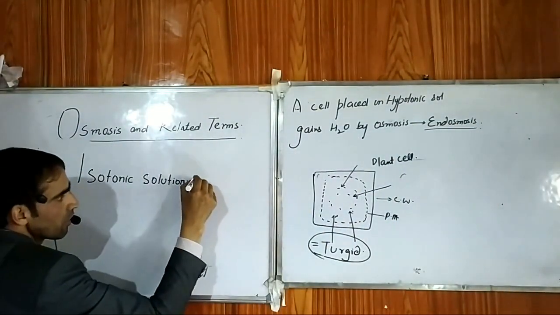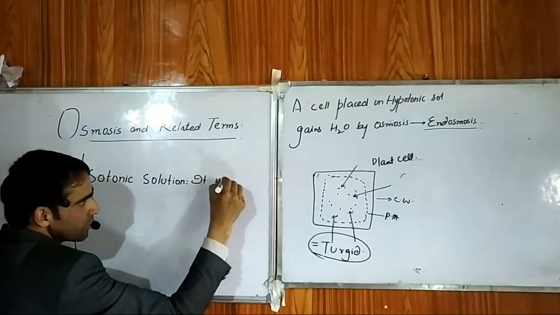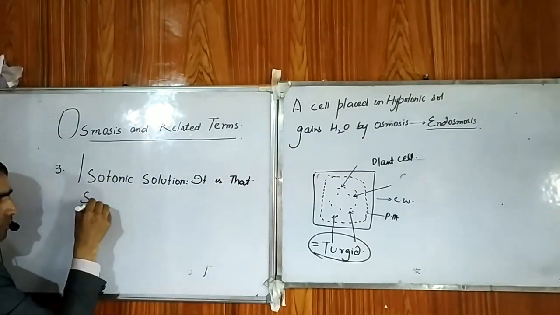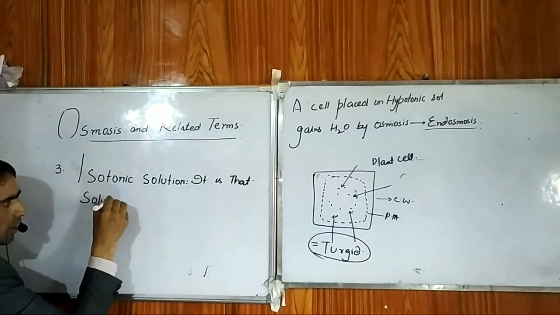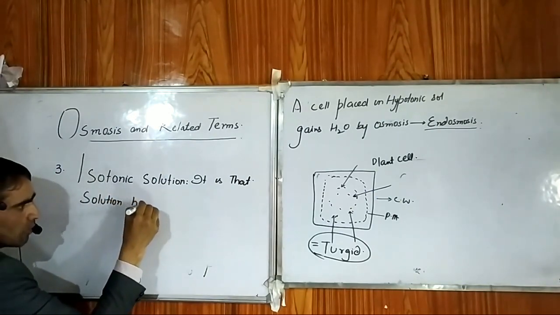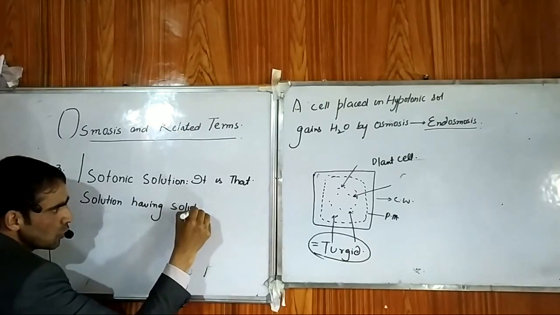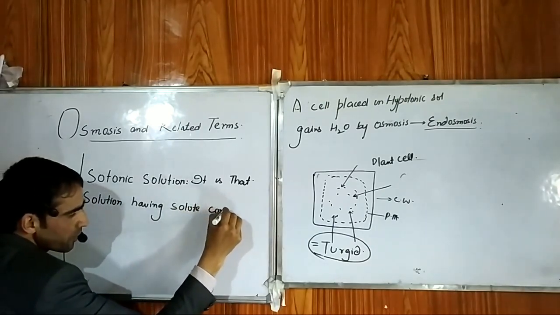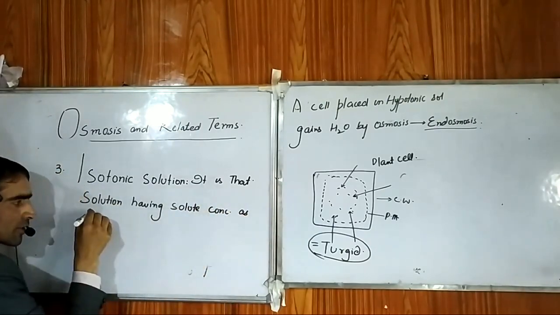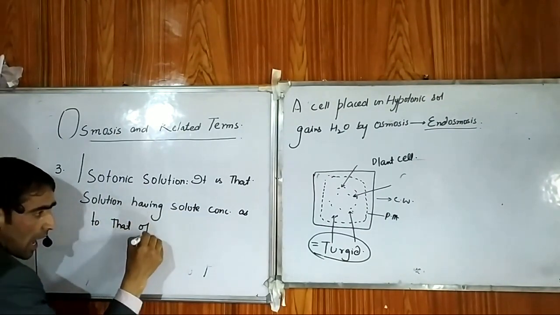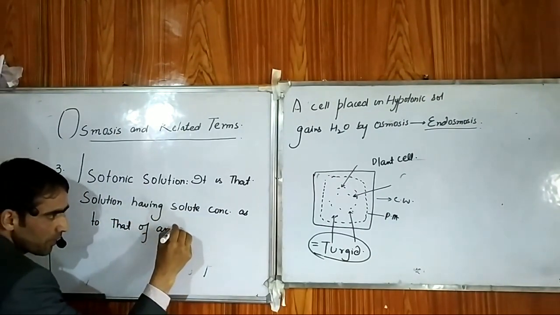It is that solution, it is that system having same osmotic concentration, I mean same solute concentration as to that of another one when both are separated by SPM, as to that of another.